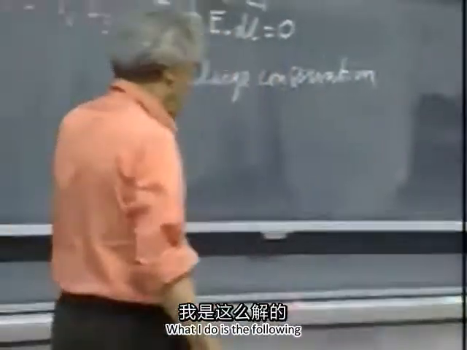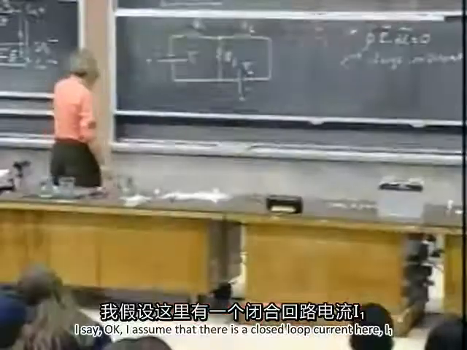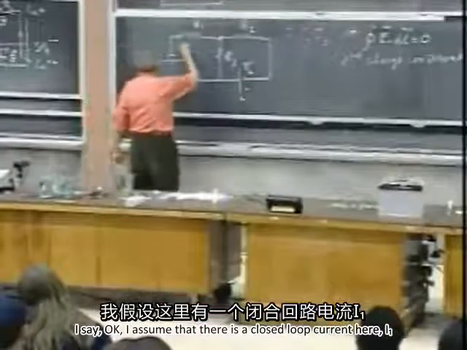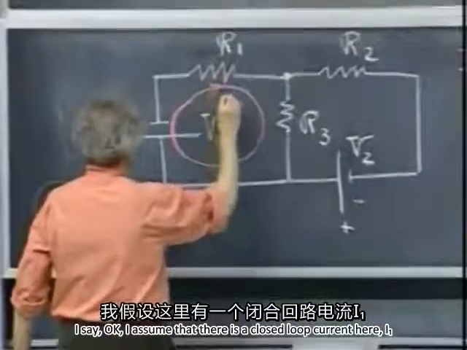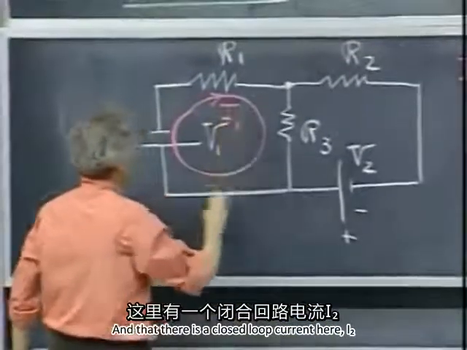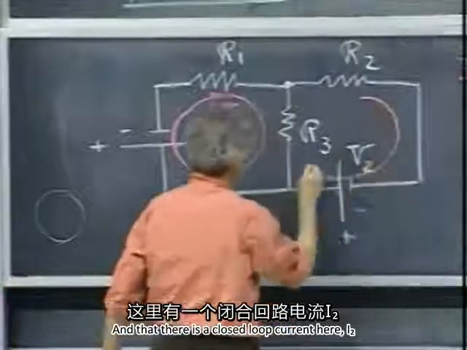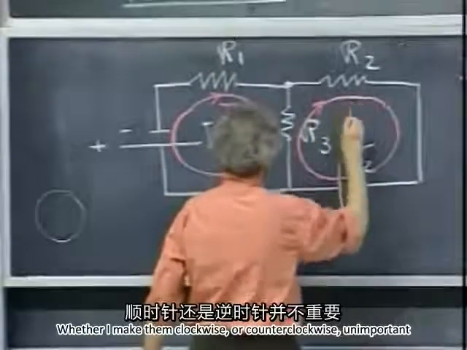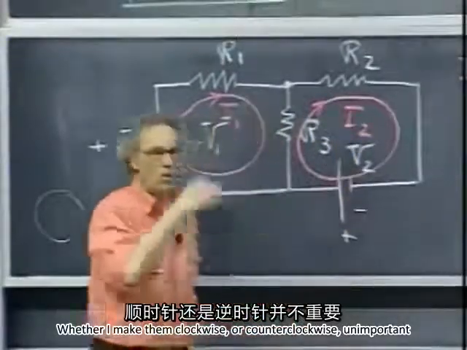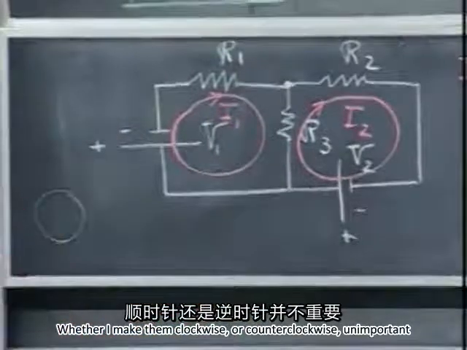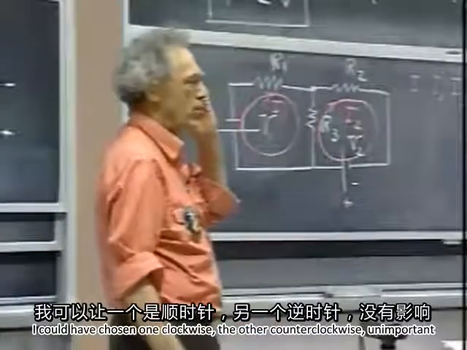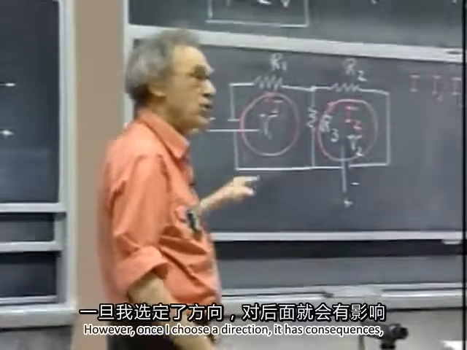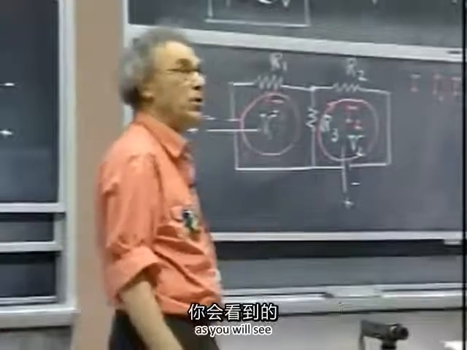What I do is the following. I say, okay, I assume that there is a closed loop current here, I1, and that there is a closed loop current here, I2. Whether I make them clockwise or counterclockwise, unimportant. I could have chosen one clockwise, the other counterclockwise, unimportant. However, once I choose a direction, it has consequences, as you will see.